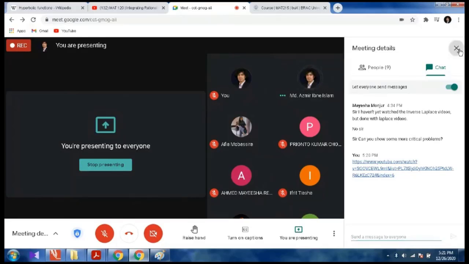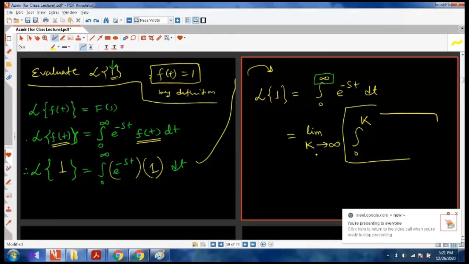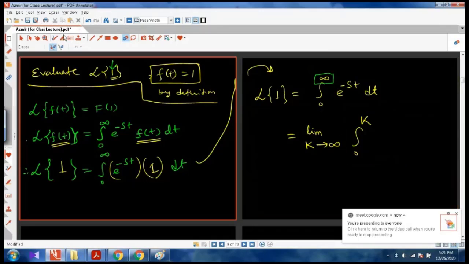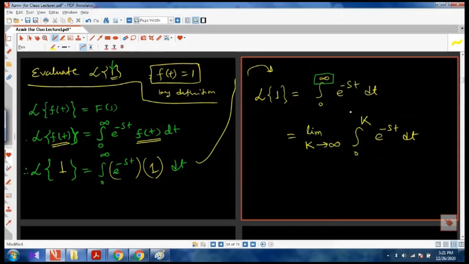In that part, you will see that this type of improper integral can be solved with the help of a limit. So infinity is being replaced by k, e to the power minus st dt. That means this integral is here, but the extra part is the limiting concept.